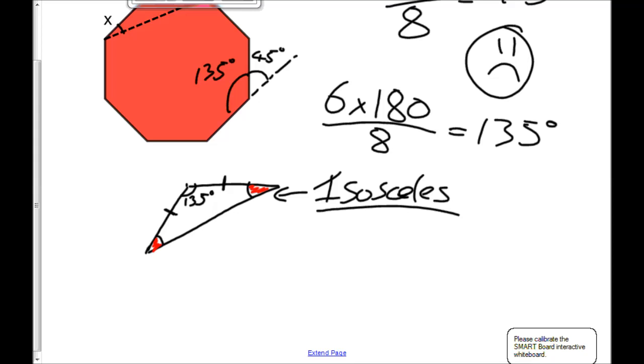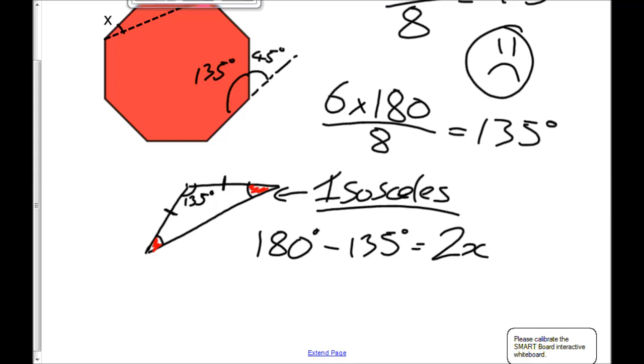So we've got all the information we need now, because we know that in a triangle, angles add up to 180 degrees. So what we have is the 180 degrees of the full triangle, take away the 135, equals, now this is 2 lots of the mystery angle X. So we have 2 lots of that.